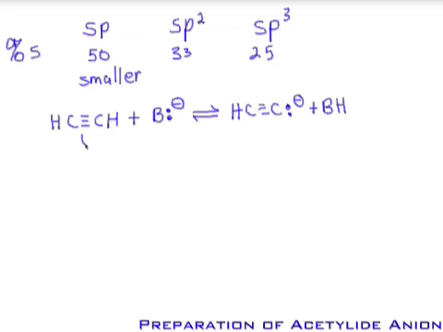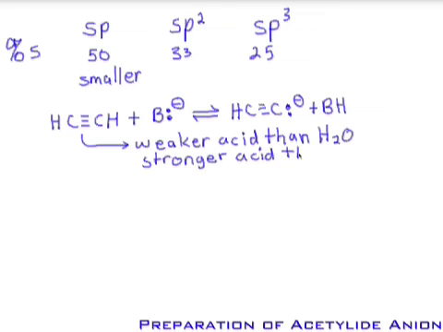Although this alkyne is a weaker acid than, say, H2O, it is a stronger acid than NH3. Now, NH3 is not a very strong acid at all. It's recognized as a base. But the point is, you could pull H's off NH3 and make NH2 minus. And the point is, it's easier to pull an H off an alkyne than it is off of NH3.